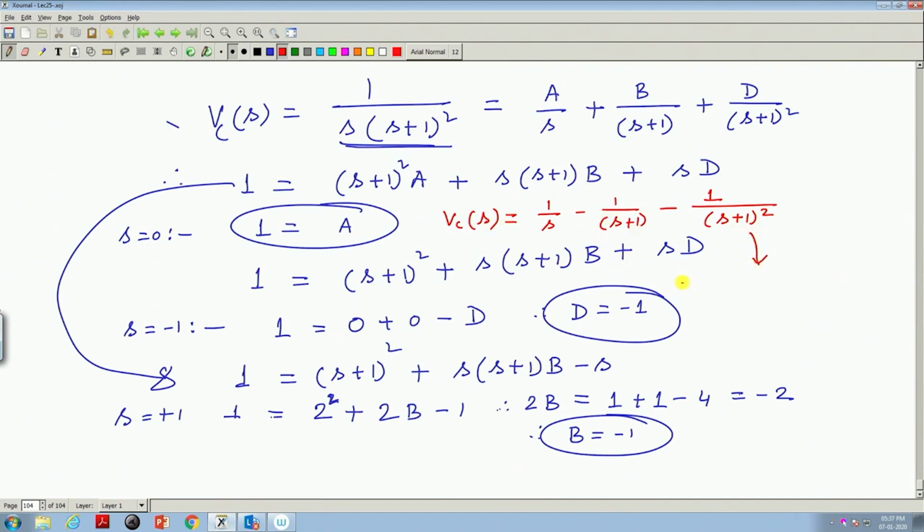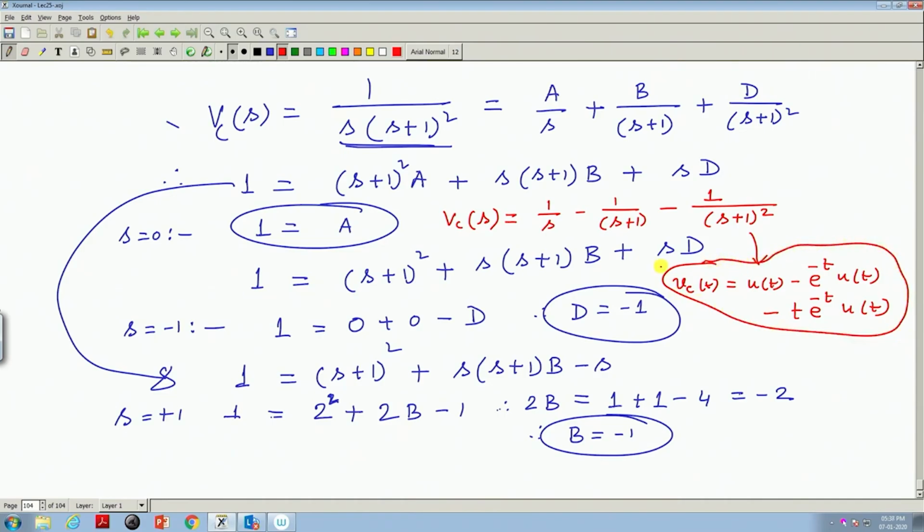Therefore, from this I will say VCT is equal to unit step, this one is minus e to the power minus t into ut, and this one we have seen is equal to minus t into e to the power minus t into ut. So, this will be the capacitance voltage.